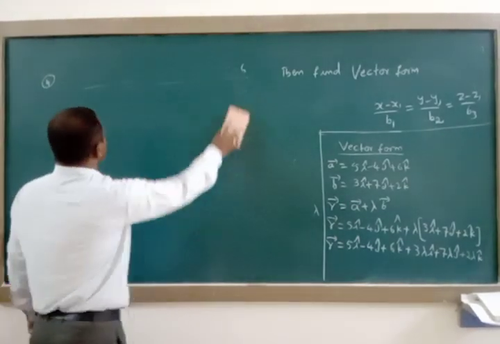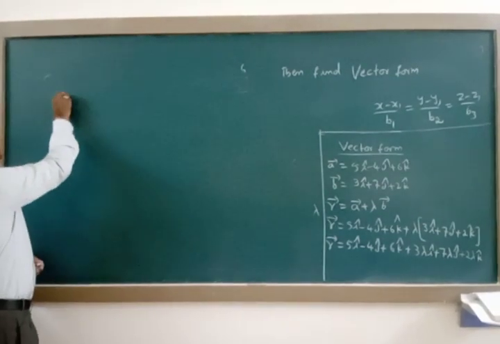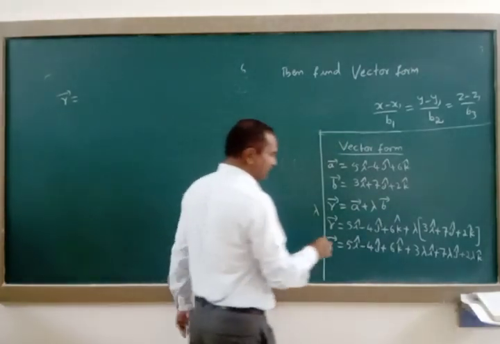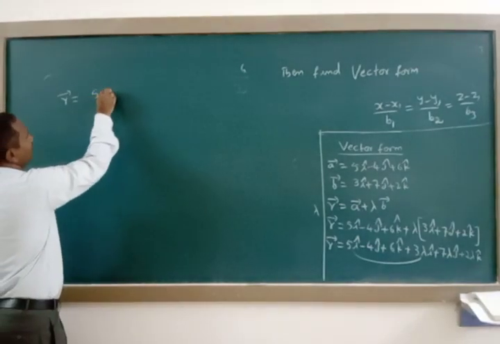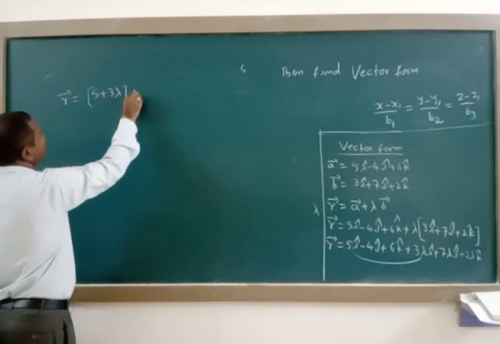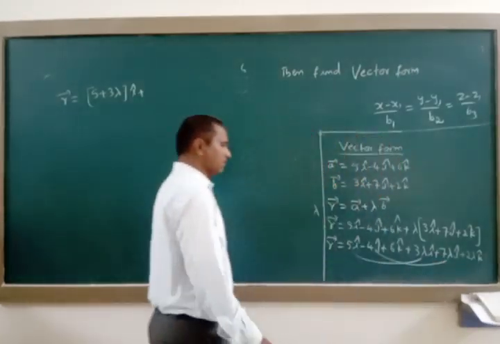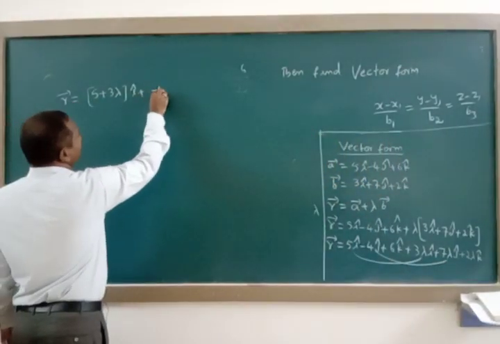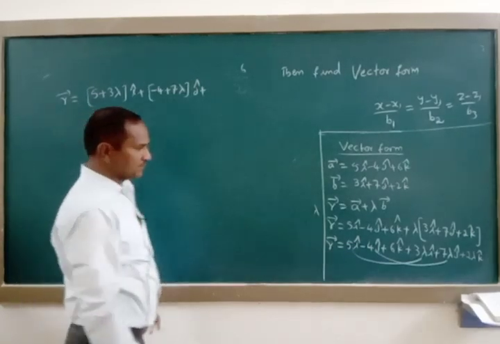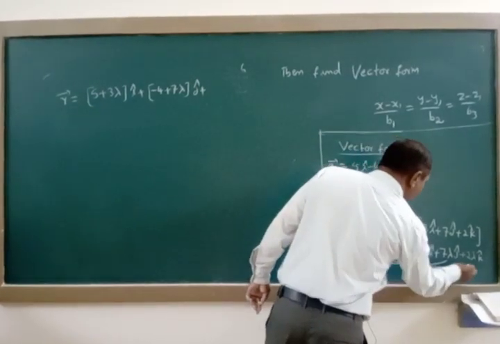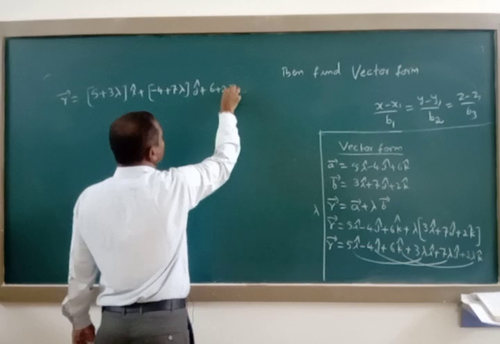Then we will get the equation of the required line: r vector is equal to (5 plus 3 lambda) of i cap, plus (minus 4 plus 7 lambda) of j cap, plus (6 plus 2 lambda) of k cap.